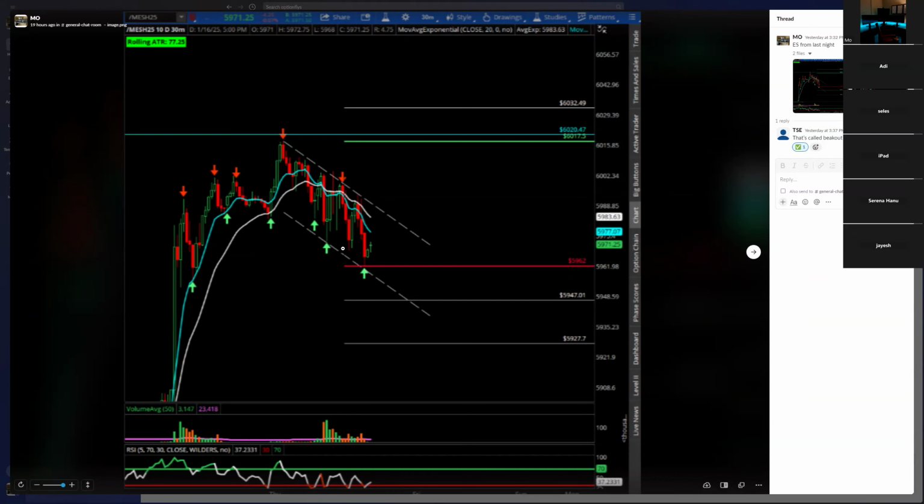Futures market works really good with fibs, just to let you know. Works really good with fibs. You're talking prints to the penny where you could set your targets. You just have to let the position work.